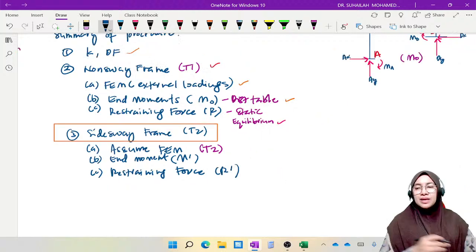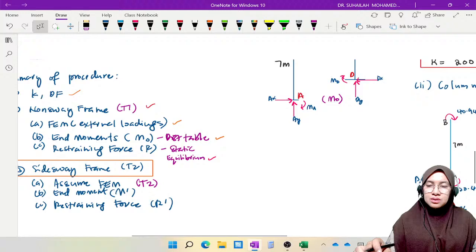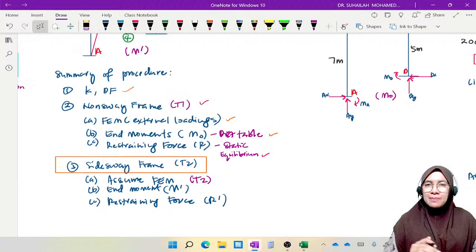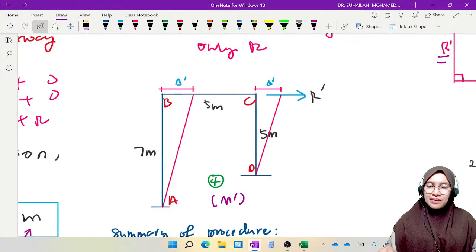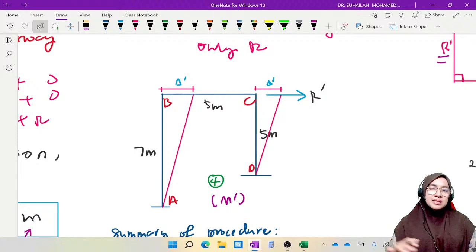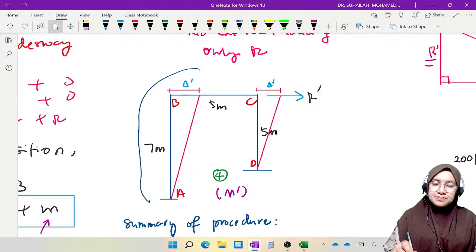So the free body diagram for step number 3, we refer to this diagram. I want to copy this first.